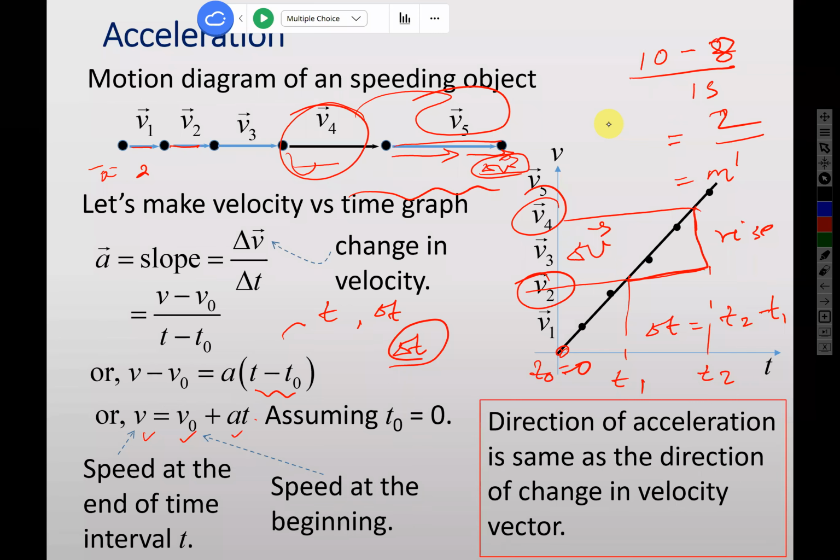So that's why velocity is increasing, and the direction of acceleration is same as the direction of motion. So other way around, when acceleration is in the same direction as the motion is, the speed keeps on increasing, okay, or velocity keeps on increasing.